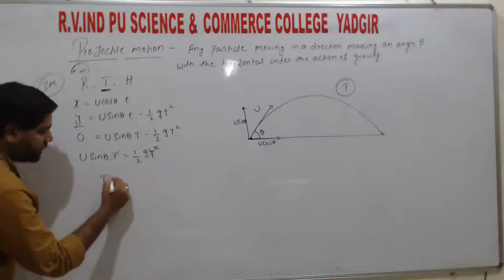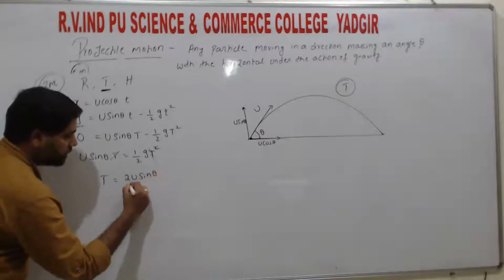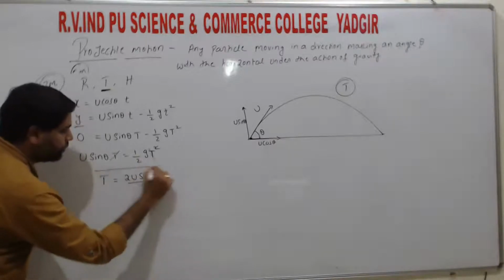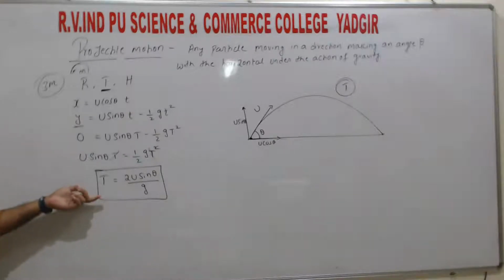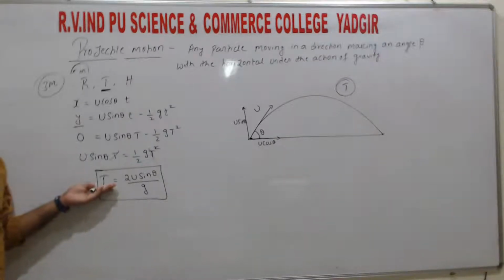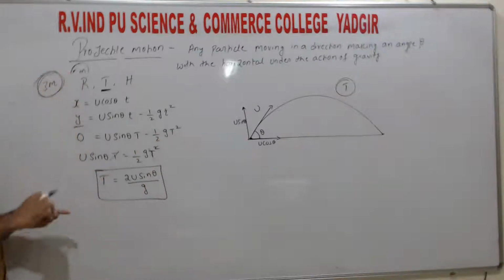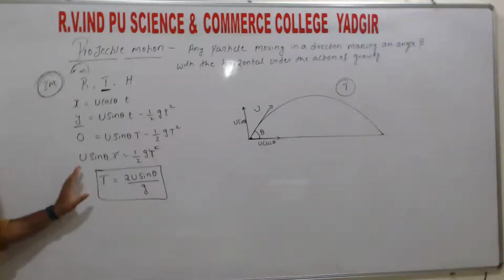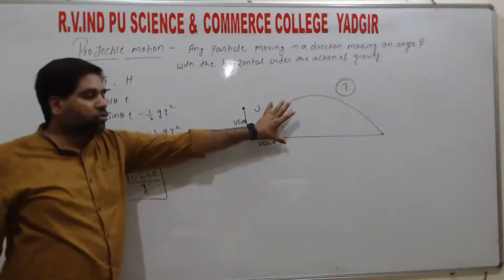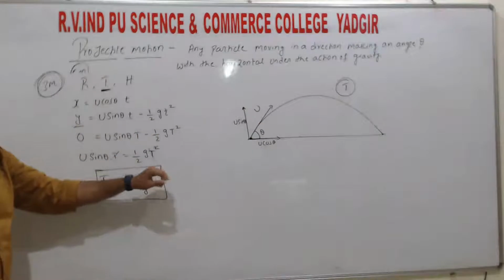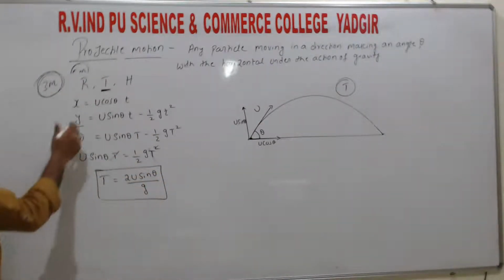So the remaining is t = 2u sin theta divided by g. This gives the time of flight for the motion of the projectile. This is an important derivation for 3 marks, compulsory, or it can come as a problem, right? So for every one we need to draw the same diagram and write the same explanation, right? So here the vertical displacement is 0, so it starts from here.